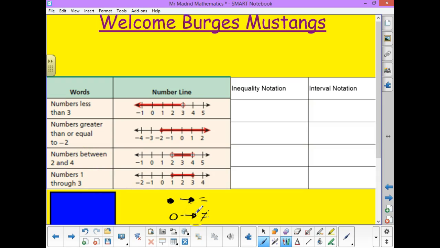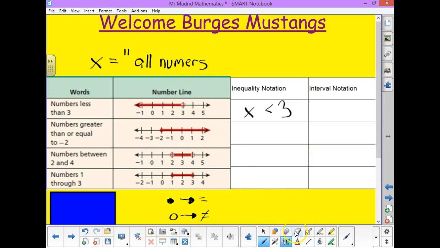Alright, so let's go ahead and complete one of these here. This first one, the inequality notation, you guys have seen it. We've got something like this, x less than 3. Now there's no x here, so this might be confusing. So here's a tip: look at x and replace it with the following: all numbers.